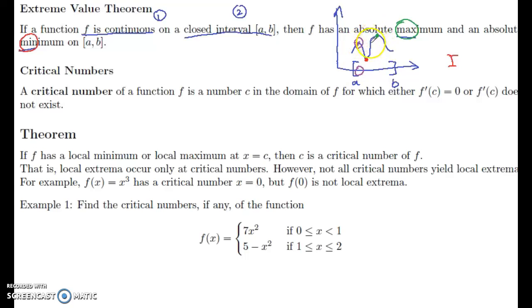It could be a local one on this subinterval or open interval of I, but it's also the absolute maximum. So this is the difference between absolute and local. Local, you look at a small area of the interval, but absolute, you look at the entire interval. The lowest point is the absolute min, and the tallest point is the absolute max.